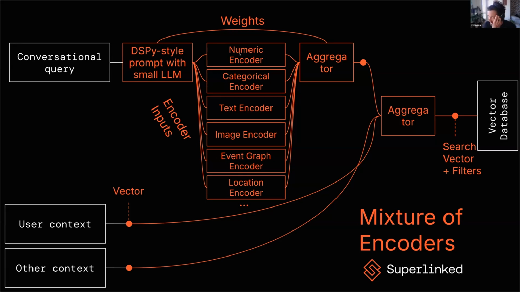So for the numerical encoder, if there is something like a popular word mentioned in the query, it would tell the numerical encoder, let's create this kind of bias towards popular things in the sense of a number. If there is a mention of Manhattan Midtown, it feeds the location encoder with Manhattan Midtown as a string, and that encoder is trained to produce an embedding that, let's say, approximates travel distance by car between different places.